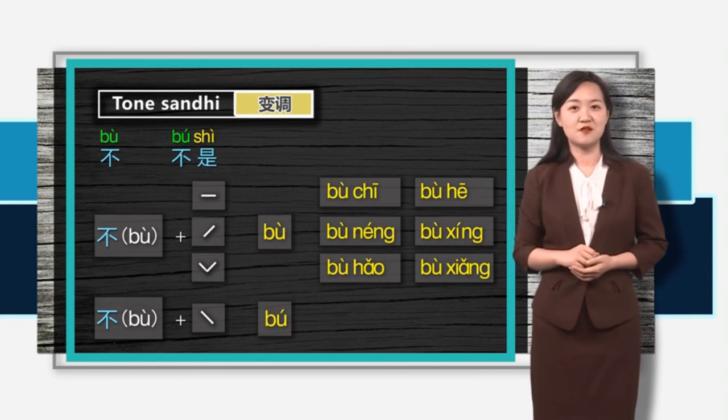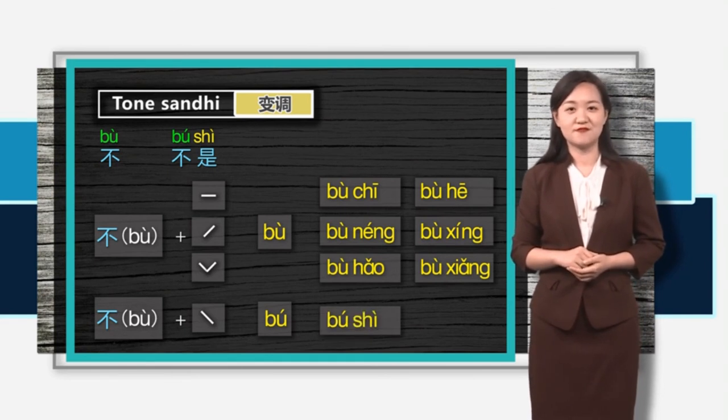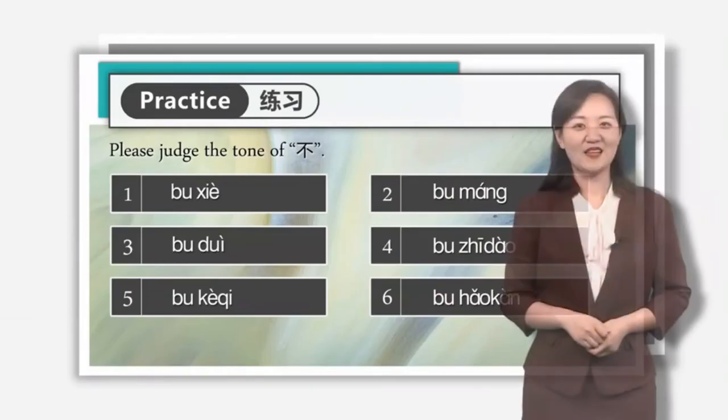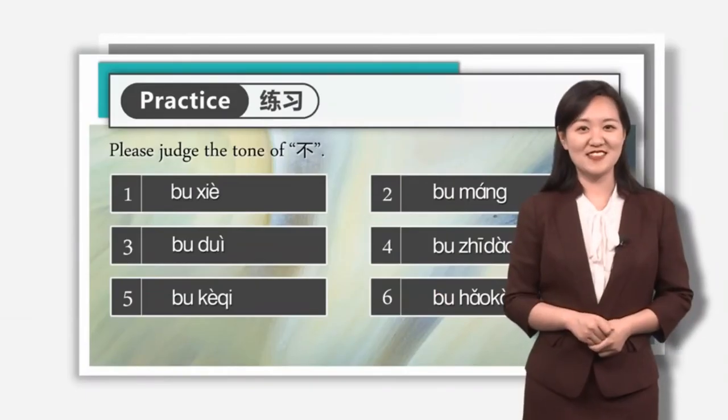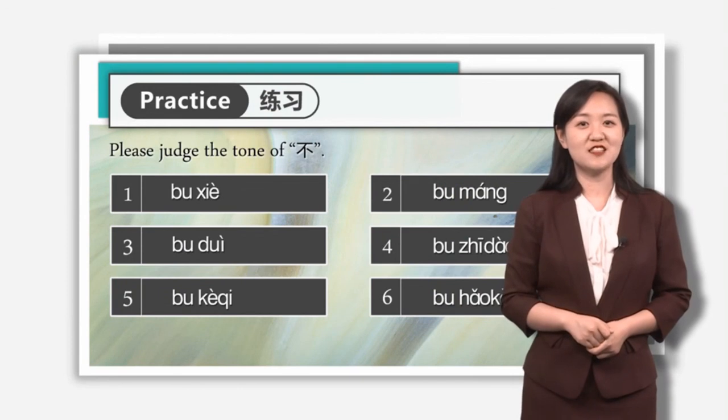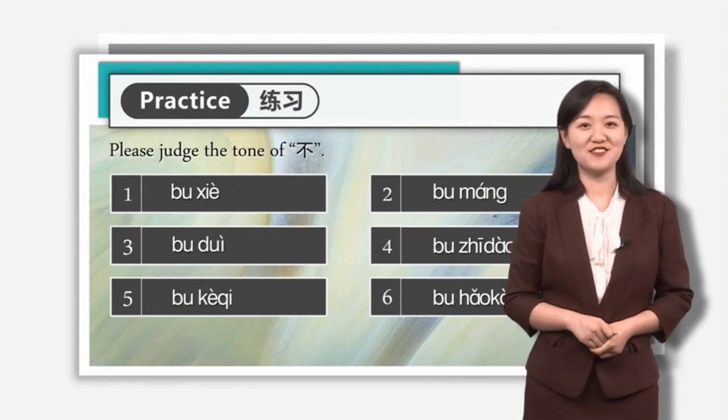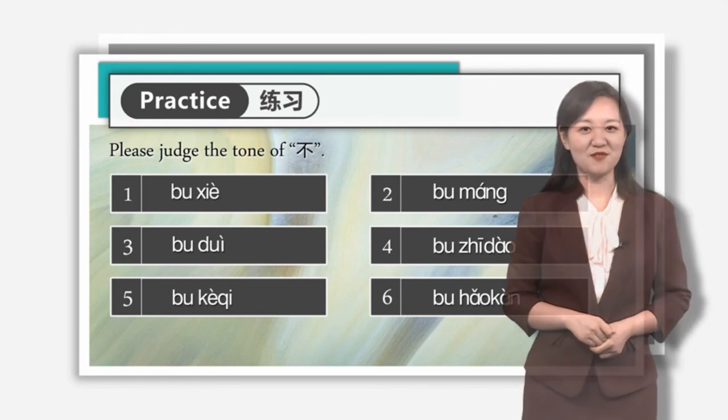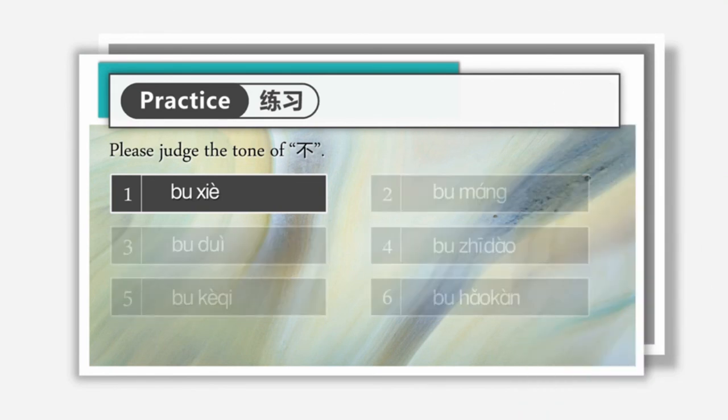For example, 不是，不会。Okay, now let's do some practice. Try to judge the tone of 不 by yourself. Let's have a try. The first one. 不屑。The next one.